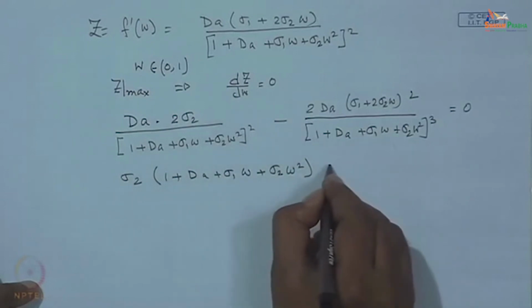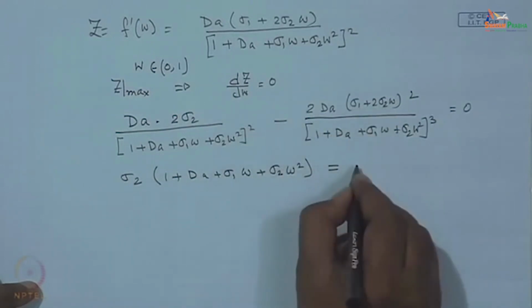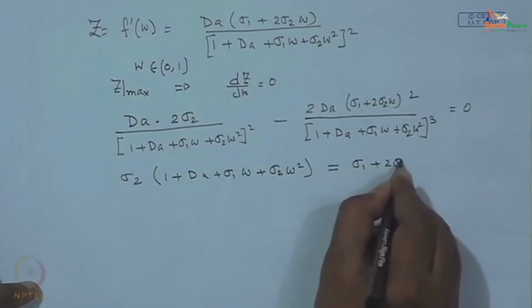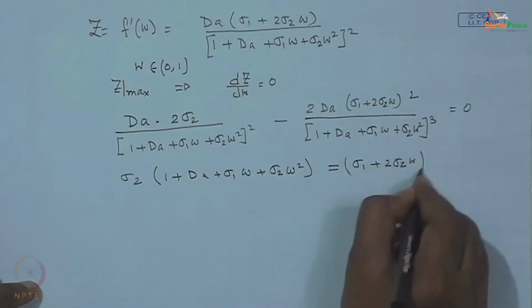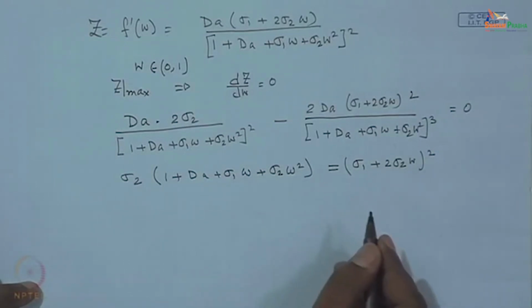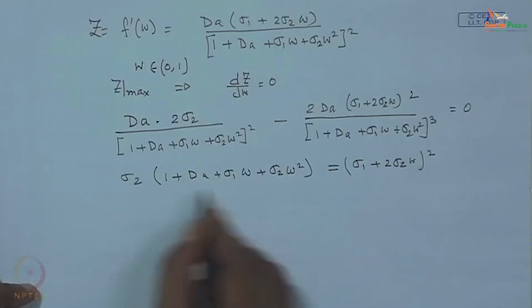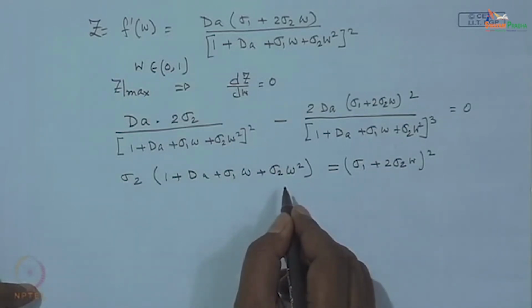So, after simplification, dA will be cancelled out, and this will be remaining, sigma 1 plus 2 sigma 2 w, squared. So, you will be having a relationship between this one.